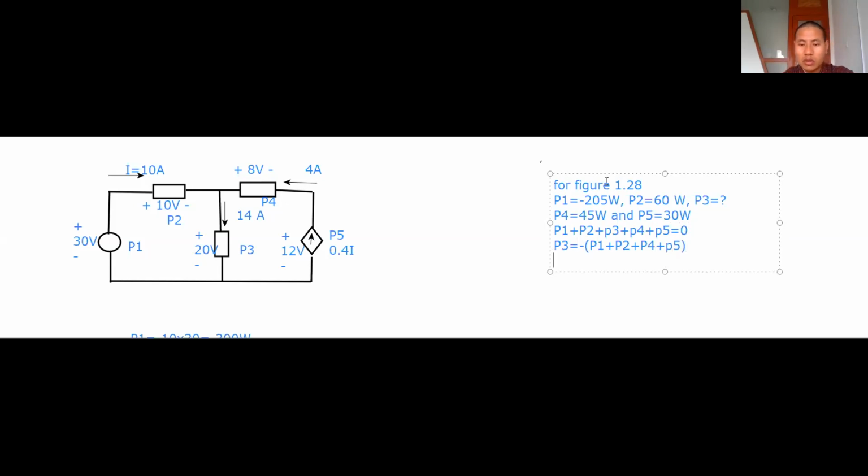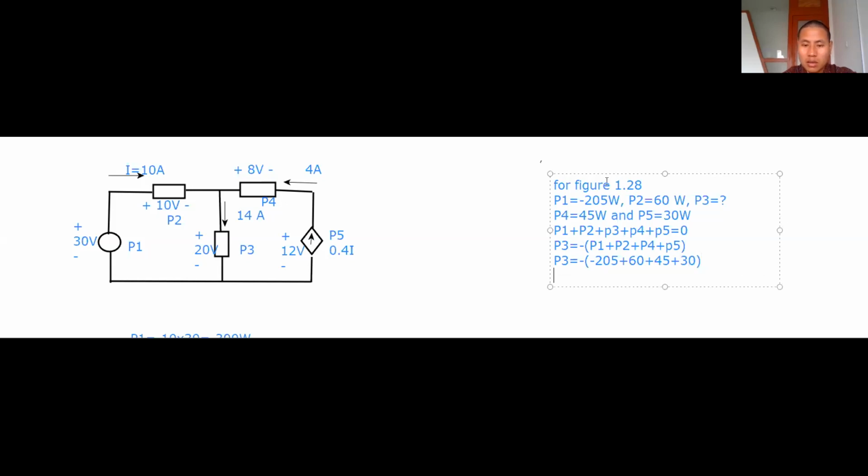Substituting the values: negative of minus 205 plus 60 plus 45 plus 30.